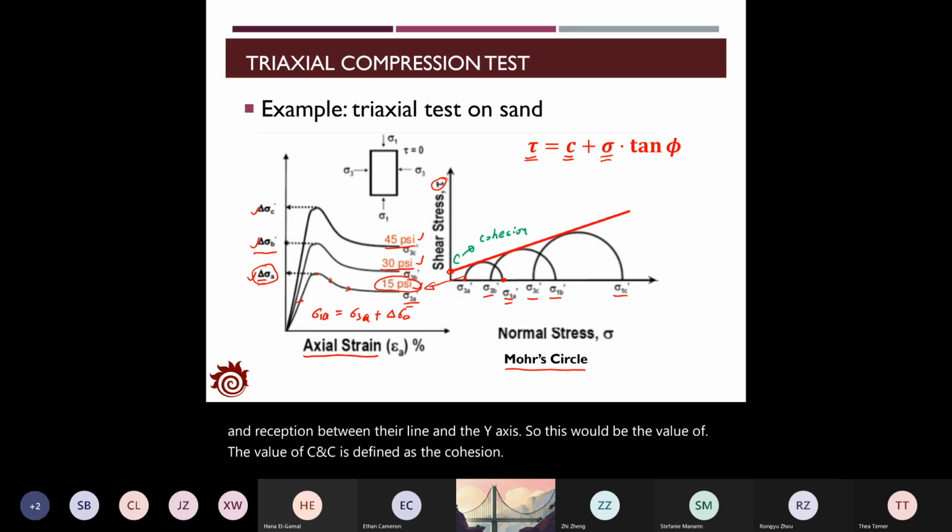And we have another one, which is phi, and that's just the slope of this line. It shows the angle of this line, and we define phi as the friction angle.